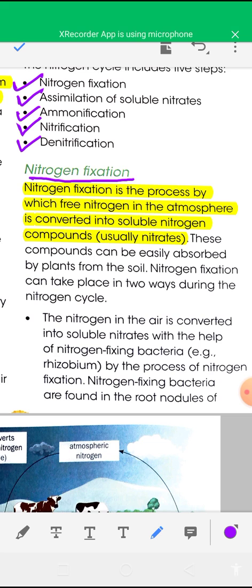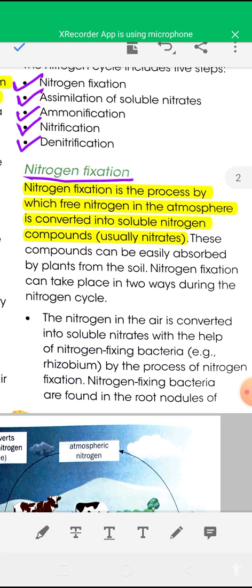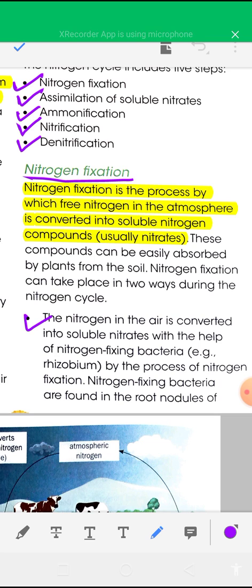Nitrogen fixation can take place in two ways during the nitrogen cycle. One way is that the nitrogen in the air is converted into soluble nitrates with the help of nitrogen fixing bacteria like rhizobium.